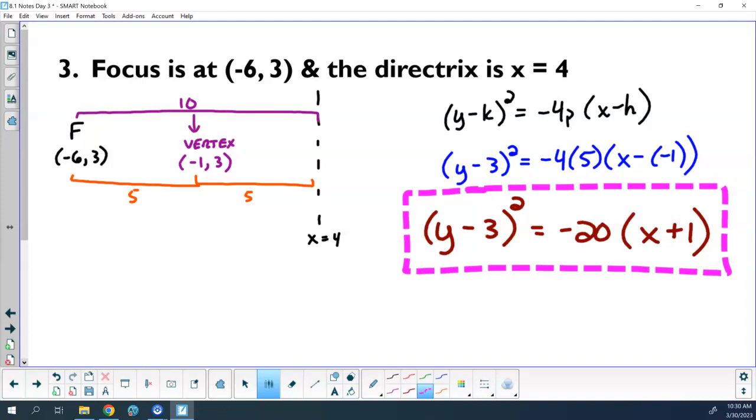Nope, that's the focus. We had to find the vertex first. Okay?